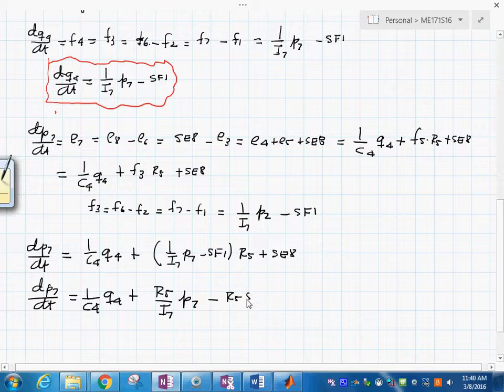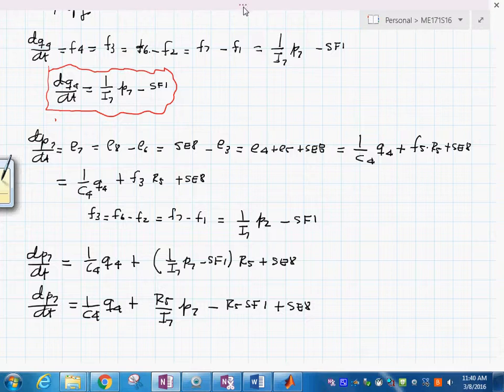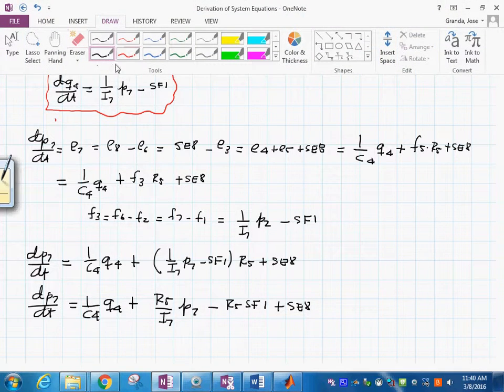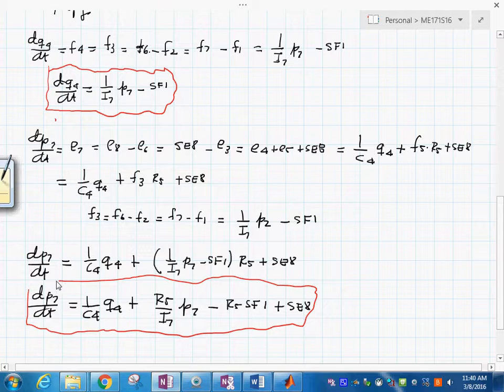Okay, now this is the Cauchy form of the equations. In other words, the Cauchy form of the equations are single expressions that are in terms of the inputs and the state variables.